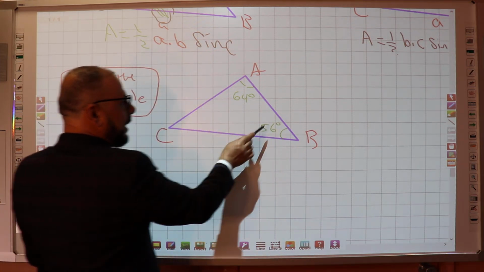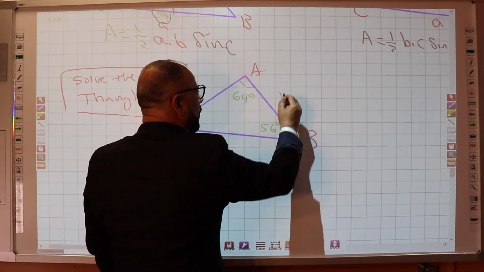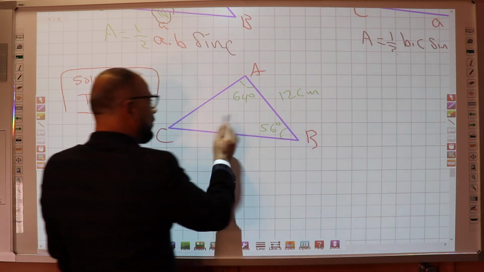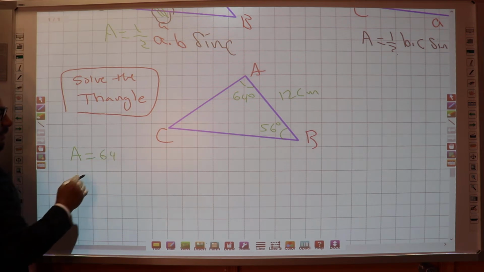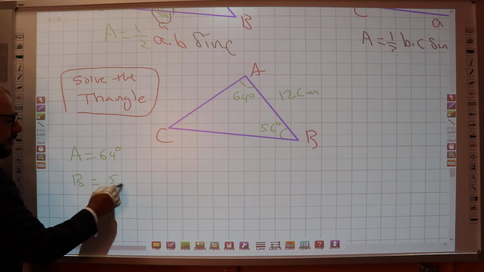Now we have side, angle, angle, and this side is 12 centimeters, which is C. Then what's given? A is 64 degrees, B is 56 degrees.